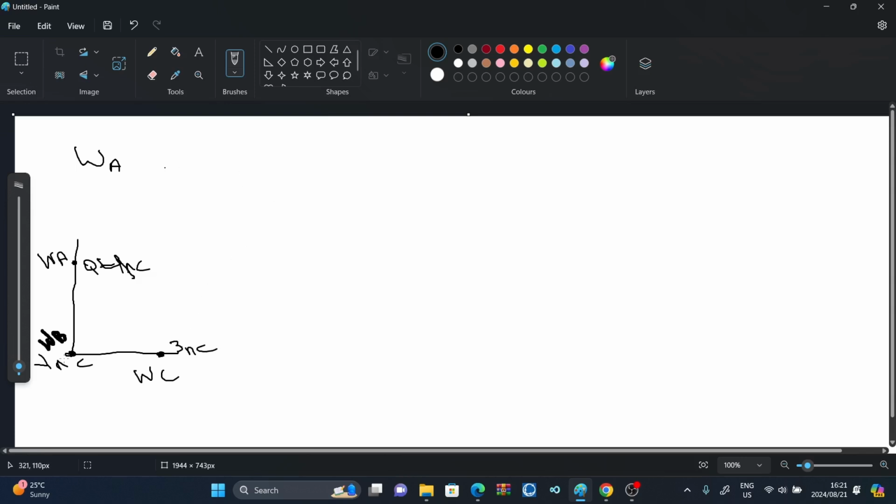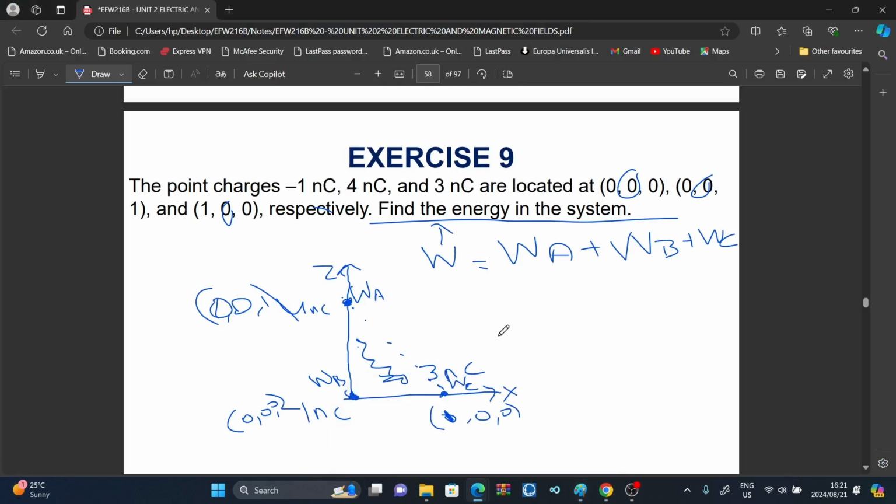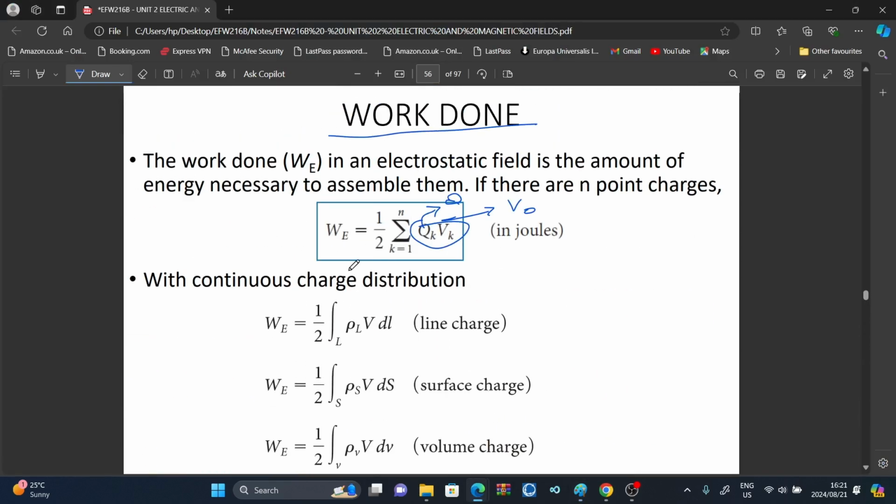So let's say to find our work done at A, we need to calculate our voltage at A, and we'll use this formula. Our formula will have a half times, because we are going to use this formula here, as you can see.